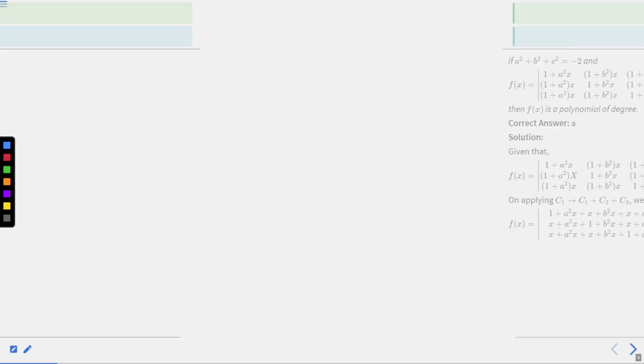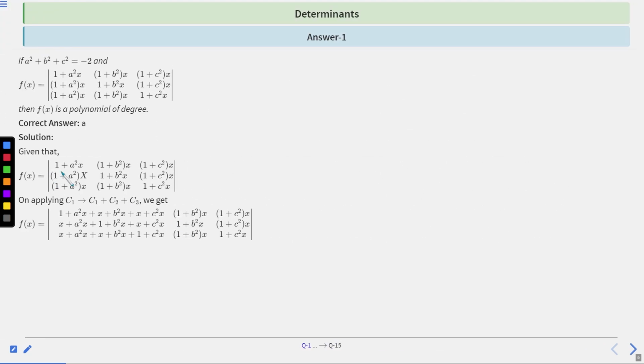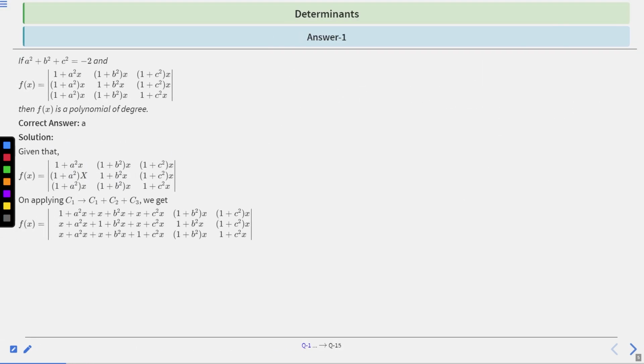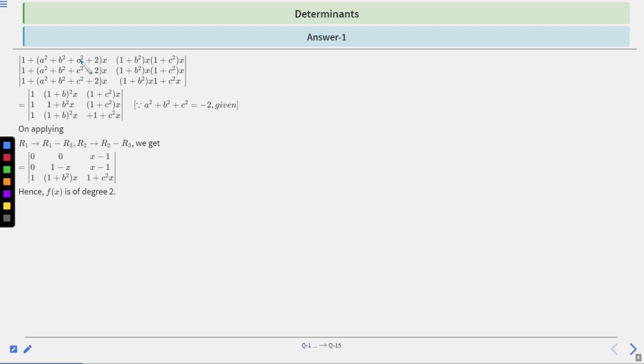Okay, let's move to the solution part. Since f(x) is given as this matrix, let's apply C1 replaced with C1 plus C2 plus C3. So after replacing, you will get this matrix. Now you can take x common.